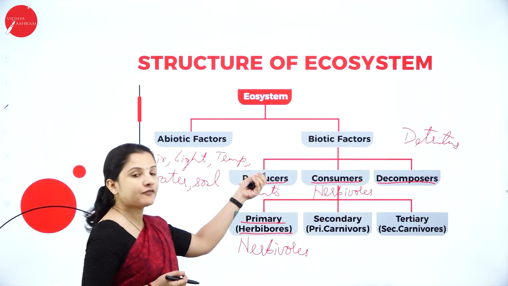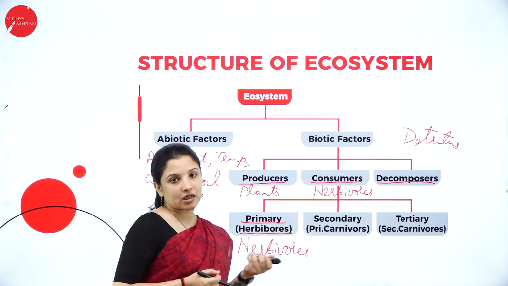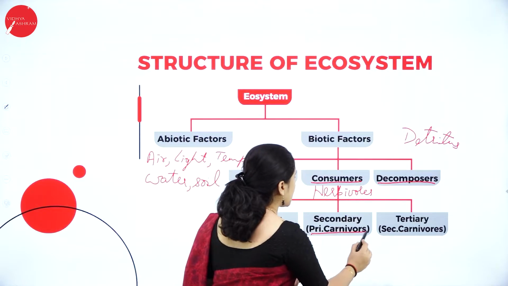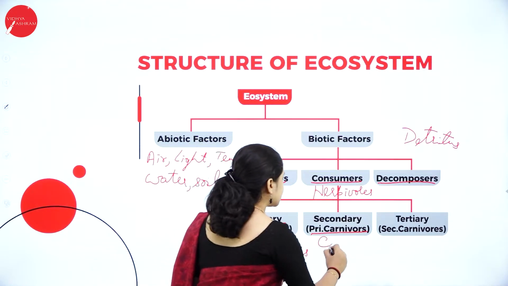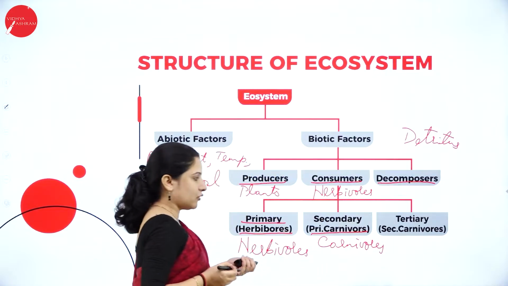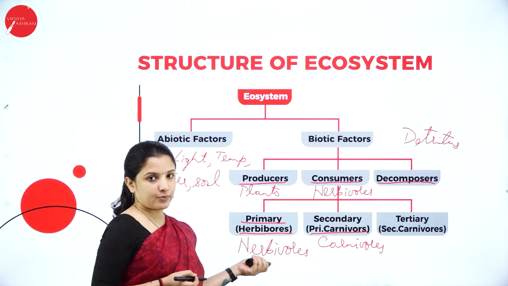So they directly feed on the producers. Next come the secondary consumers. The secondary consumers are nothing but the primary carnivores. The carnivores are the ones which feed on the herbivores.